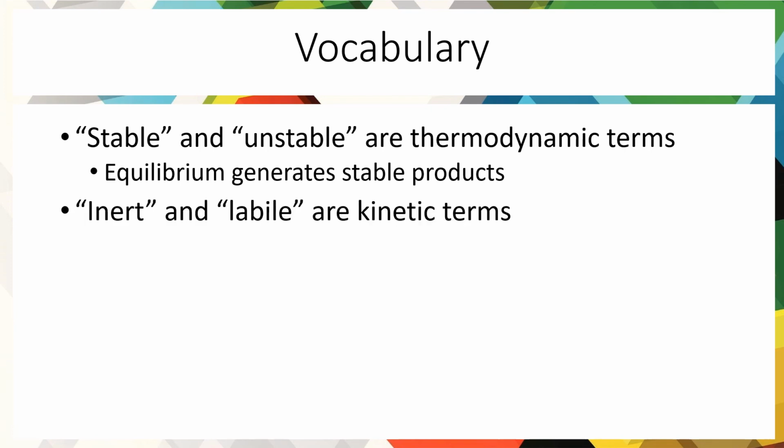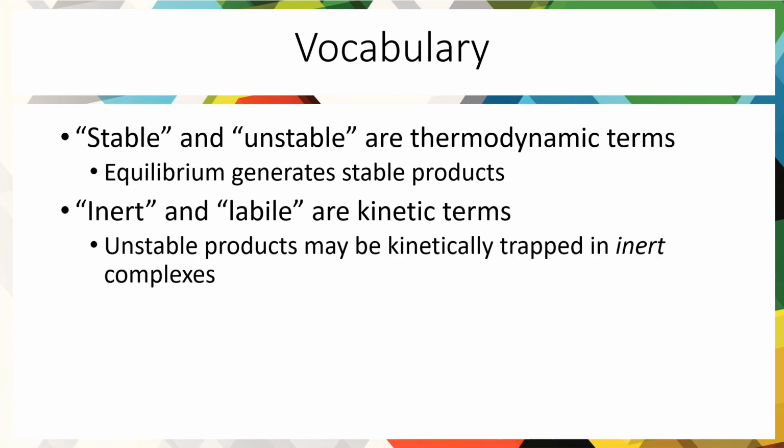The kinetic terms are inert and labile, okay? So inert means it will not change very fast. It doesn't mean that it's stable, okay? Labile means it will change very fast under its current conditions, and this must mean that it's also unstable, because if it was stable, it wouldn't be exchanging too fast. But sometimes you have a perfectly fine complex that's exchanging with its environment, say water exchanging other water molecules. This happens quite often, and quite rapidly with some complexes.